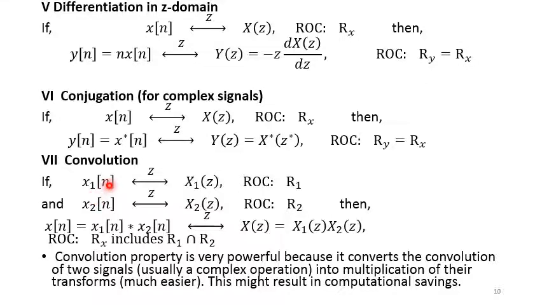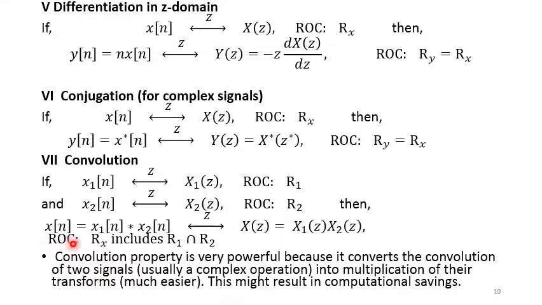For example, x1 has Z transform X1 of z with ROC R1, and x2 has Z transform X2 of z with ROC R2. Then convolution in the time domain corresponds to multiplication in the z domain.